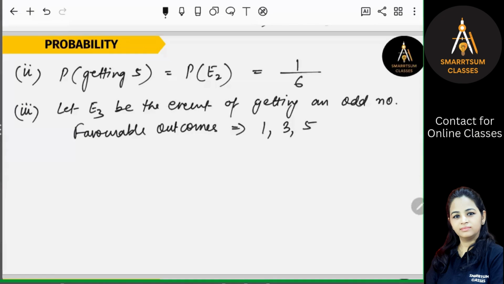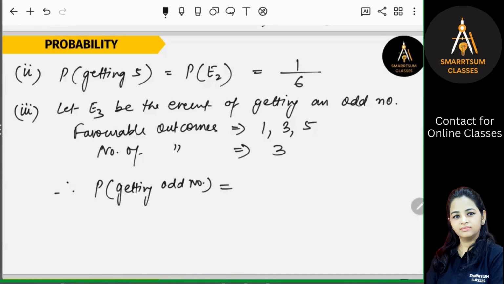So what is the number of favorable outcomes now? Number of favorable outcomes, that is 3. There are 3 possible outcomes in this event, right? Now we can find out probability of getting an odd number.